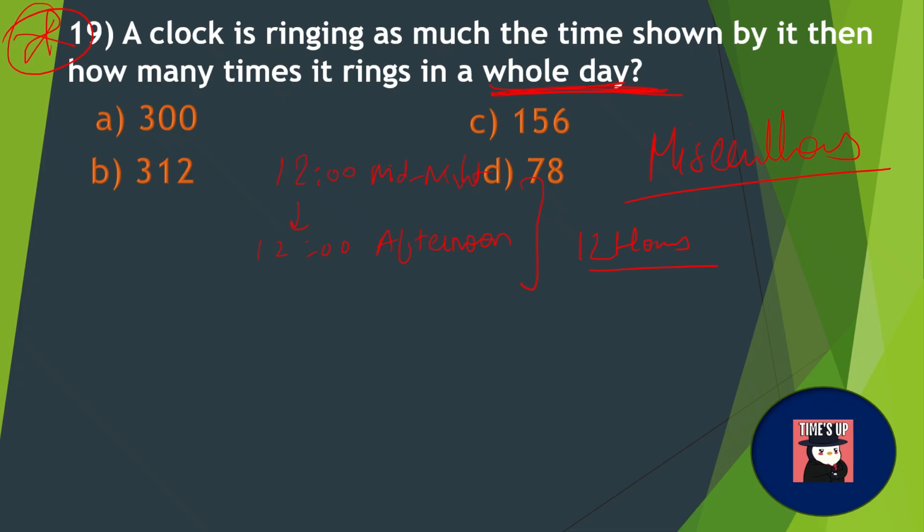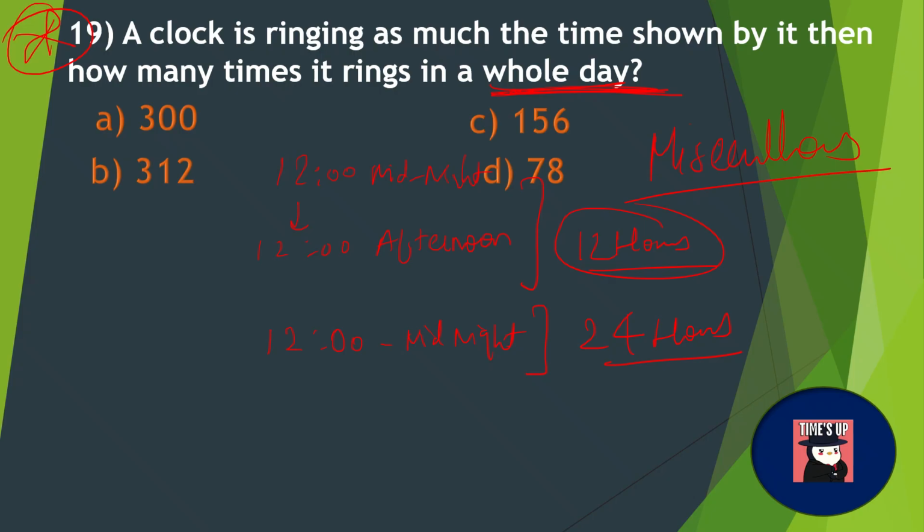Whole day means again, this was afternoon, now again, if we come to midnight, 12, then this together will be 24 hours. Understanding? So from 12 o'clock midnight to 12 o'clock afternoon, it will be 12 hours.